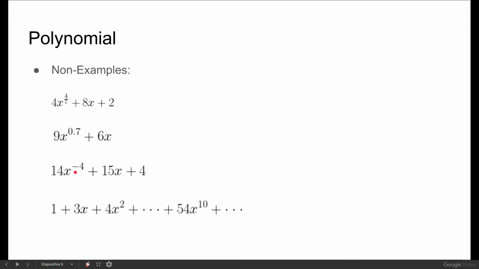It must be positive and greater or equal than 1. And if you have something like this, an infinite sum, this will also not be a polynomial. All polynomials must be finite. So if you have something that is not finite, it's not going to be a polynomial.